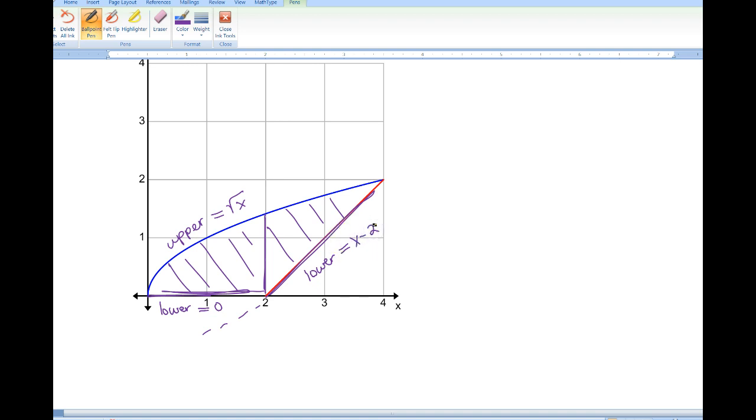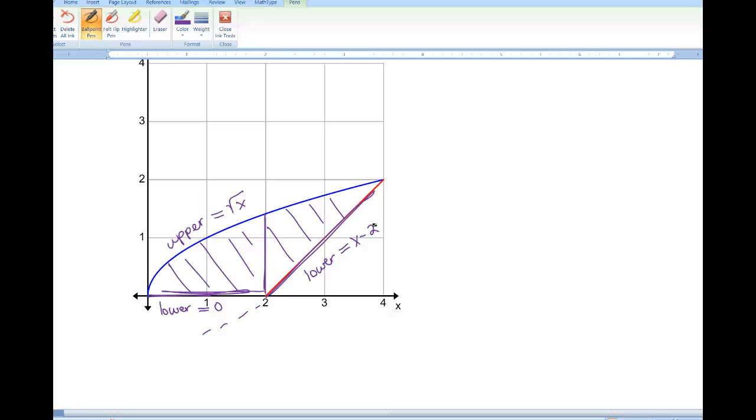Why is that considered the lower curve if it's not actually going below the x-axis? Okay, so remember when we first learned about integrals, what did we say? The integral represented the area under the curve, but it's always bounded by the x-axis.